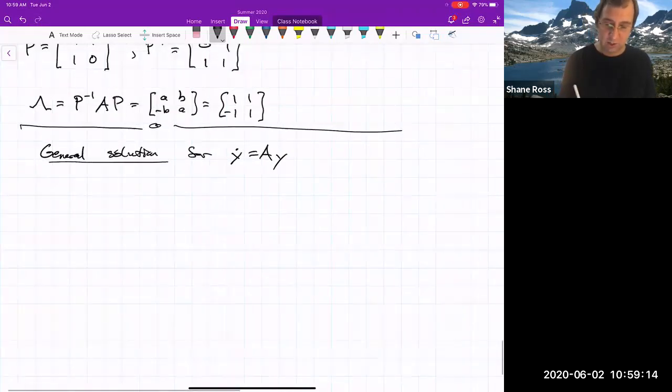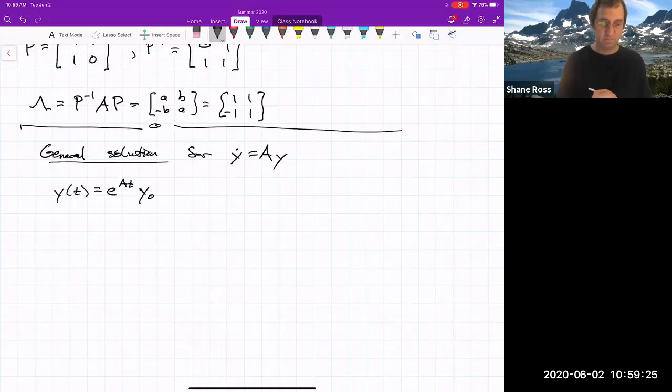The general solution is that y as a function of time is e to the At times the initial condition. So this is the initial condition in the original coordinates.